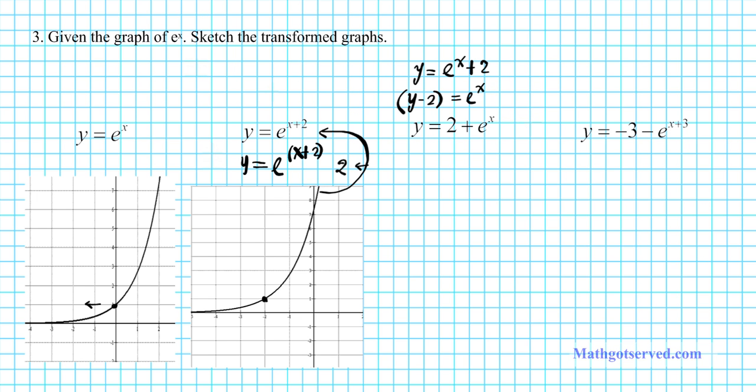In this case, you have a translation along the y-axis, a vertical translation. So since it's minus 2 here or plus 2 here, that basically means you're shifting 2 units up. All you do is shift this original function 2 units up, you'll end up here, and then just follow the same pattern. The horizontal asymptote is going to shift 2 units up from y equals 0 to y equals 2.